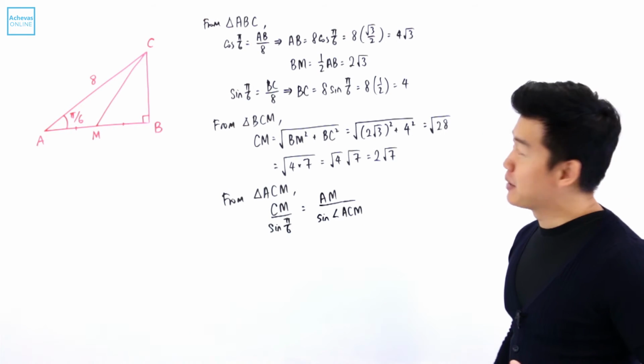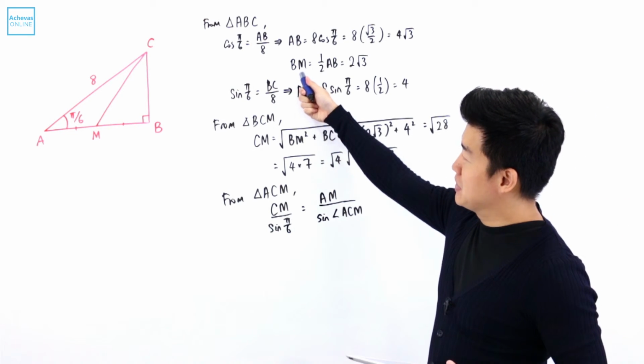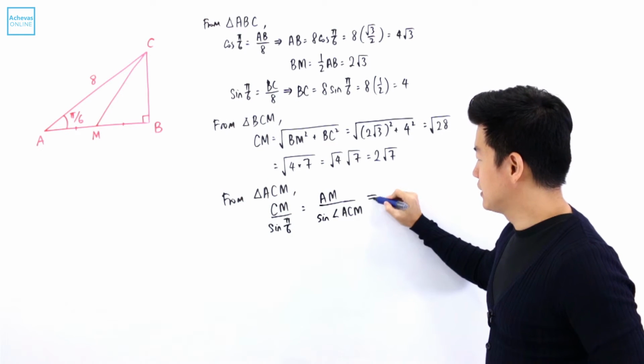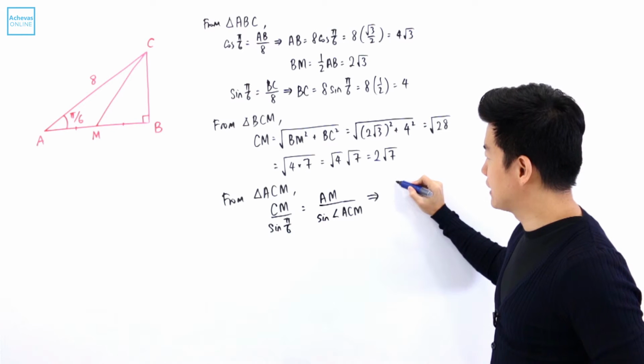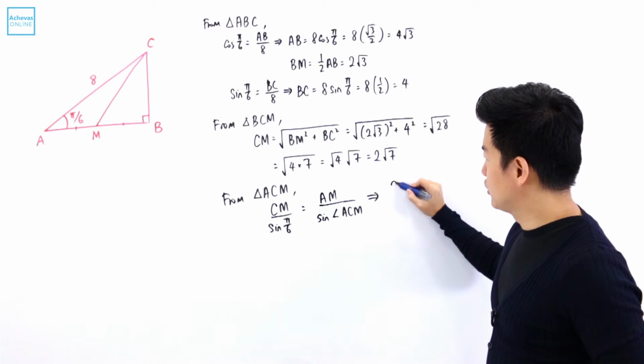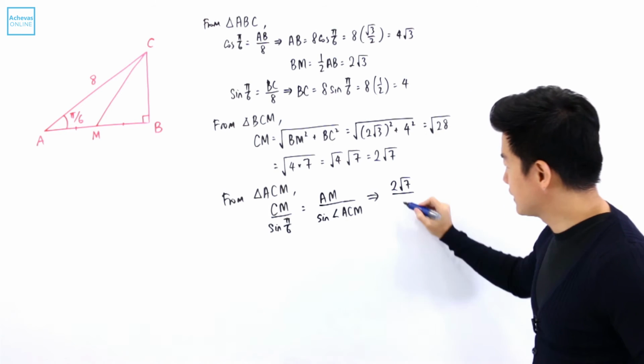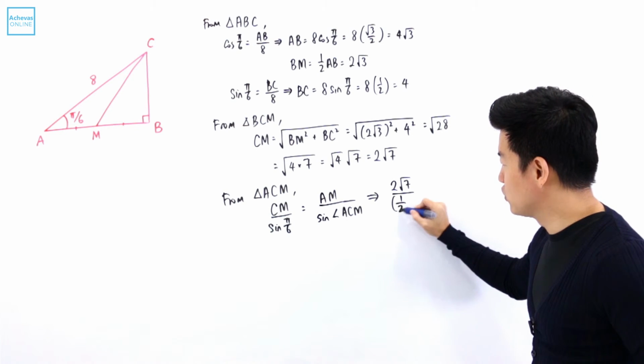We know what AM is. AM is in fact the same as BM because it is half of AB. So this can be rewritten as CM, which is 2 square root of 7, over sine pi over 6, which is 1 over 2.